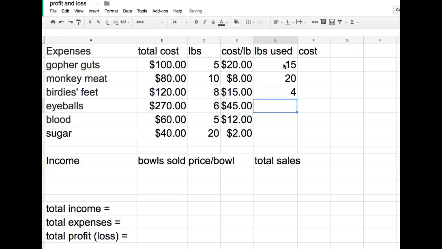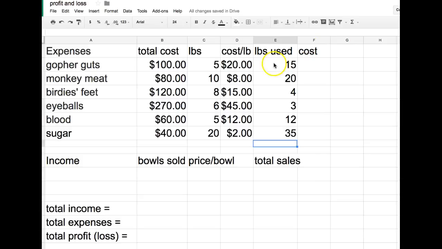Of the eyeballs, they go a long way, so we just used 3 pounds. Of the blood, we needed a lot, so we used 12 pounds. And sugar took a lot of sweetening, so we used 35 pounds of that.